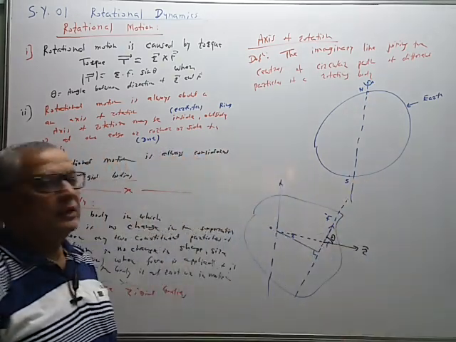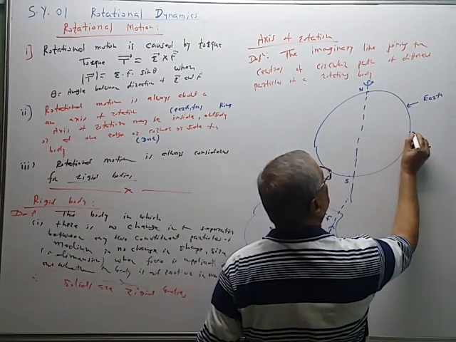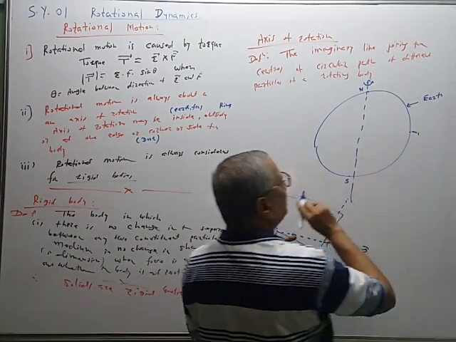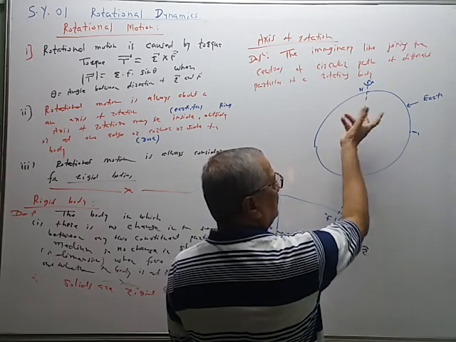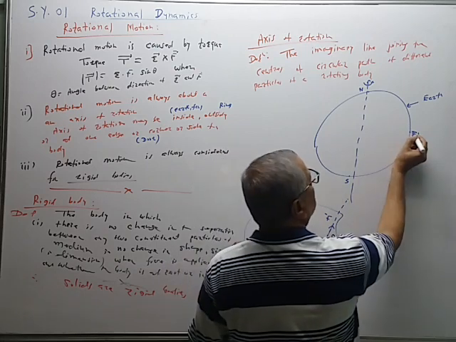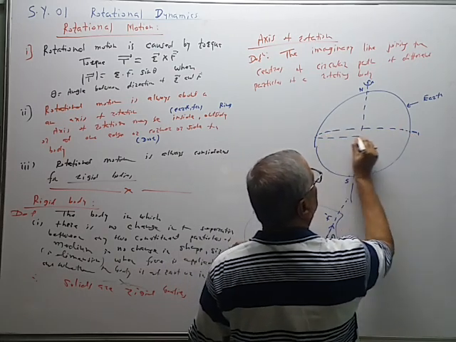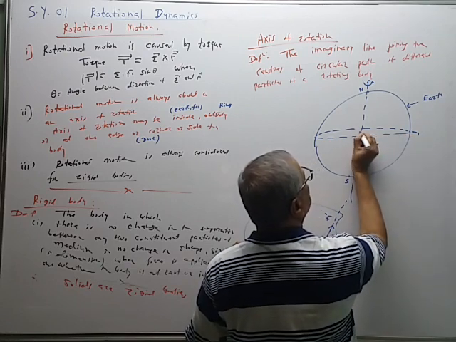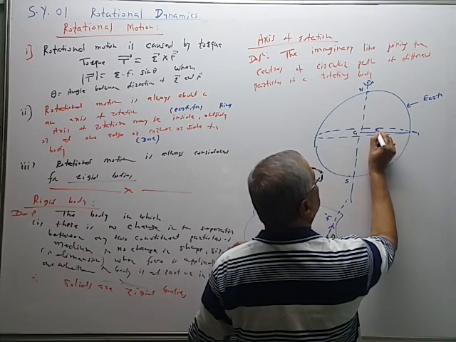This is the line joining the north and south pole. If we consider the particle M1 on the equator, when the earth rotates in this direction from west to east, this M1 particle will perform circular motion. Its center C1 is here, its radius is R1.